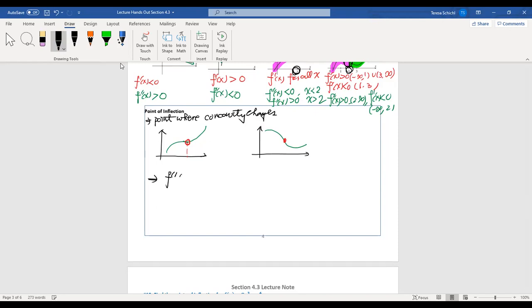So we set the second derivative equal to 0, then you solve for x. Or, just like a critical point, where f double prime of x is not defined.